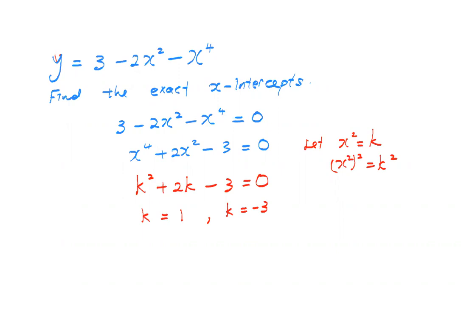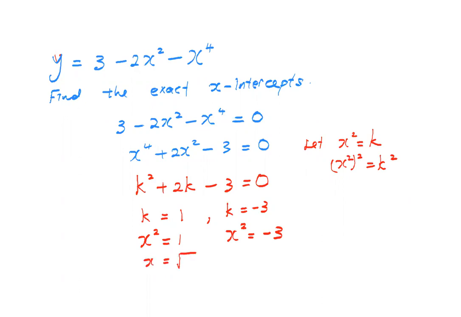What is k in terms of x? x squared equal to 1. x squared equal to -3. Which one is possible? Which one is impossible? 1 is possible and -3 is impossible.